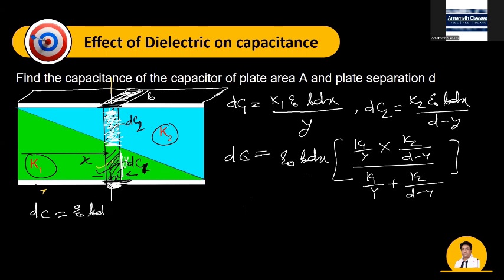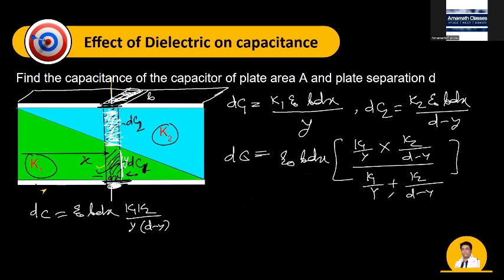The epsilon naught b dx, so it is K1 into K2 by y into d minus y.